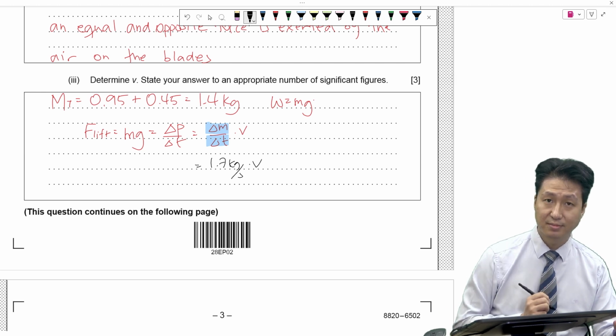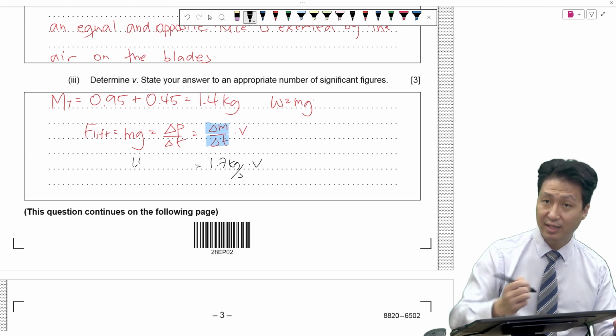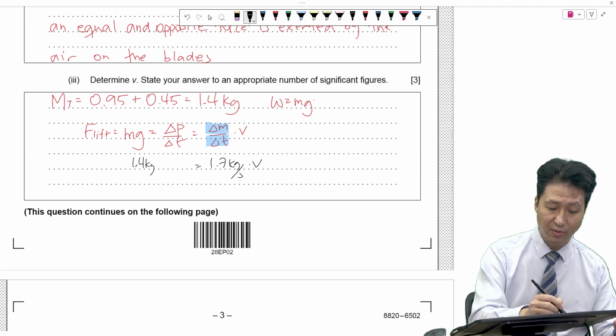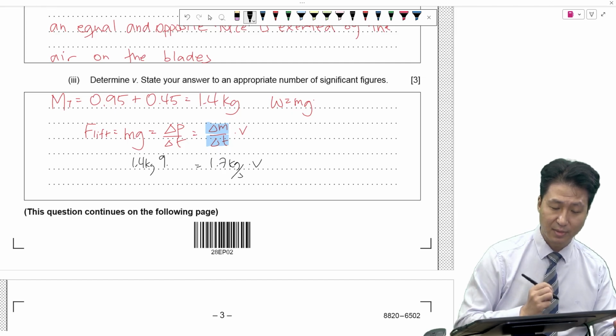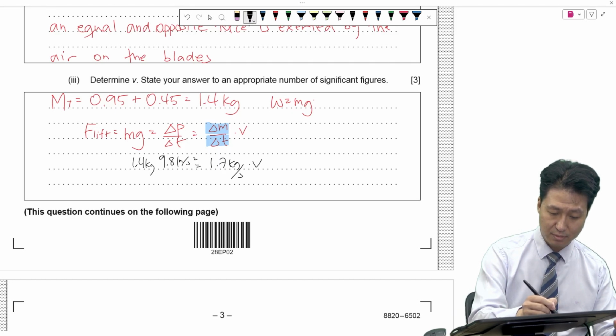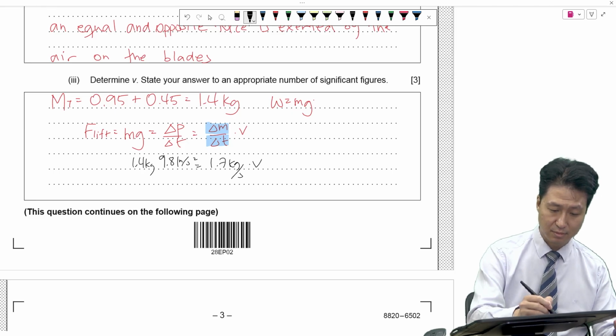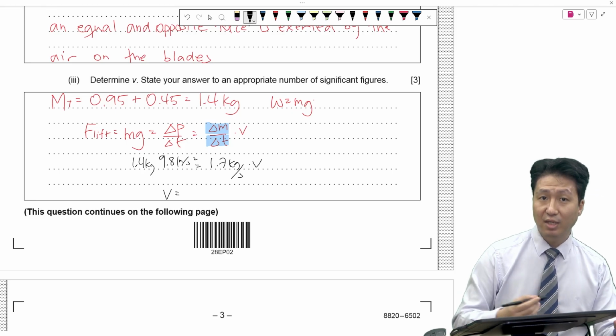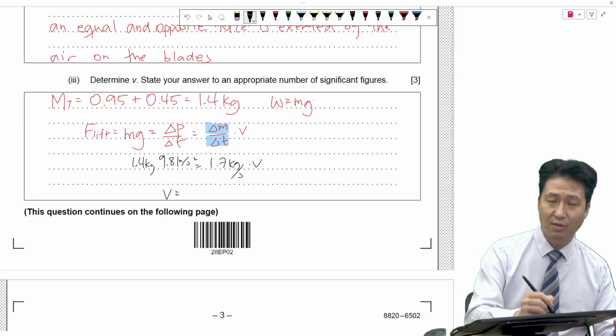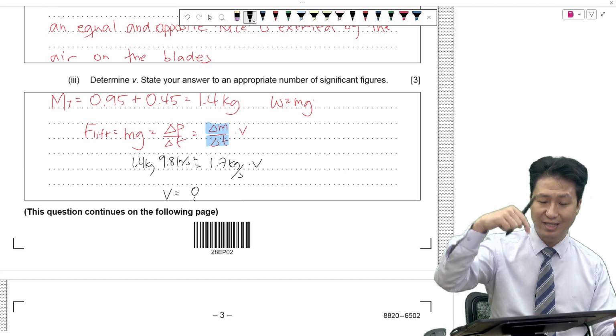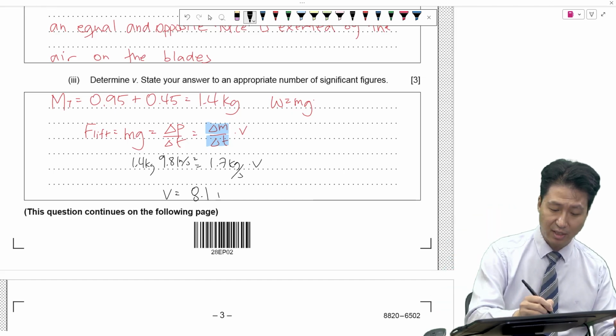times the velocity of the air should equal to the mass of the whole system, which is 1.4 kilograms, times the gravitational acceleration of 9.81. This would give us that the velocity of the air going downwards would be about 8.1 meters per second.